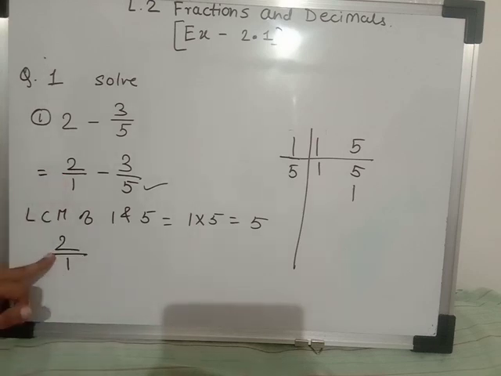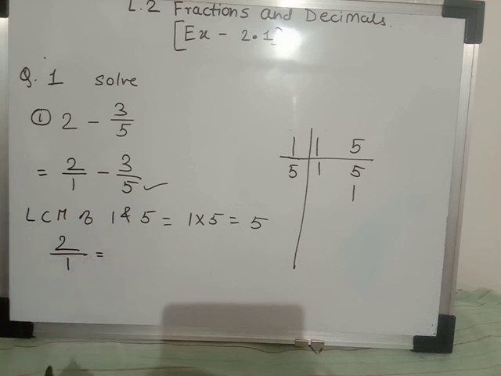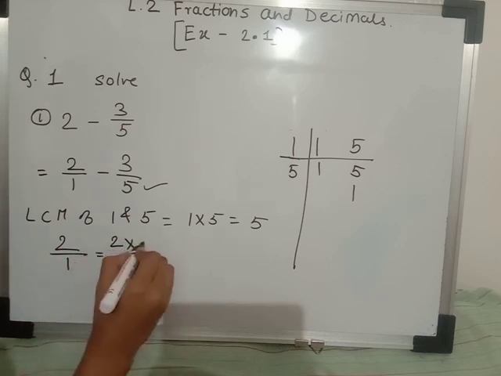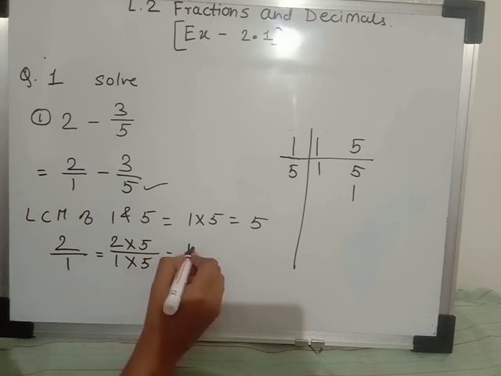Which number should I multiply with the 1 to get 5? That is only 5, because we have learned that whenever we multiply any whole number with 1, we get the same number. So 2 multiplied by 5, 1 multiplied by 5: 2 fives are 10 and 1 five is 5.